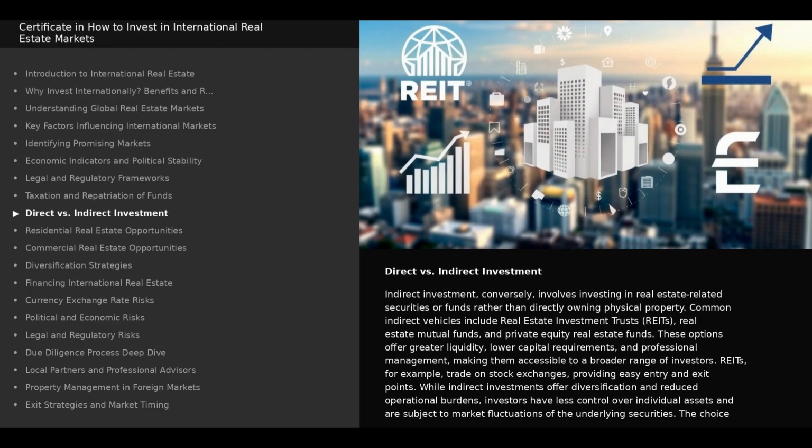REITs, for example, trade on stock exchanges, providing easy entry and exit points, while indirect investments offer diversification and reduced operational burdens. Investors have less control over individual assets and are subject to market fluctuations of the underlying securities. The choice between direct and indirect depends on an investor's capital, risk tolerance, and desired level of involvement.